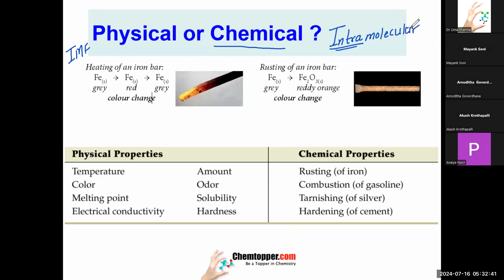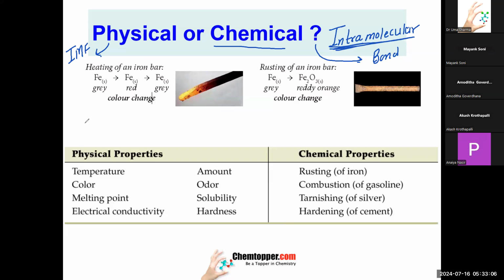That is the force within the molecule, within the atoms in a molecule. This is a bond. So you are breaking bonds during chemical changes. You are breaking IMF. IMFs are attractions among the molecules. Big thing. So you'll be tested for it.